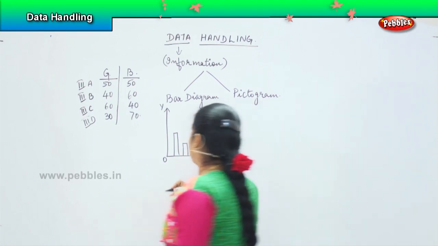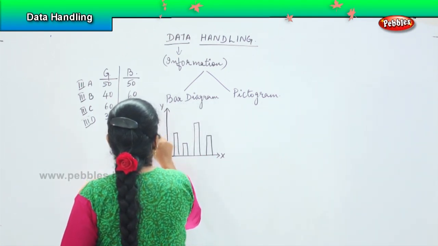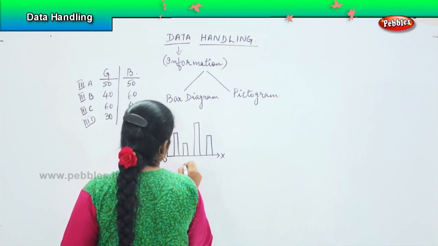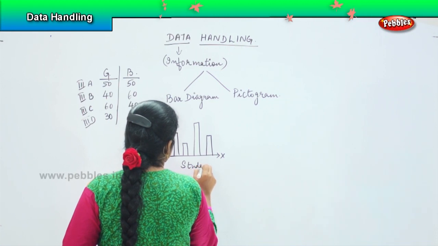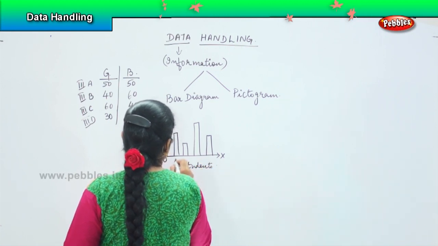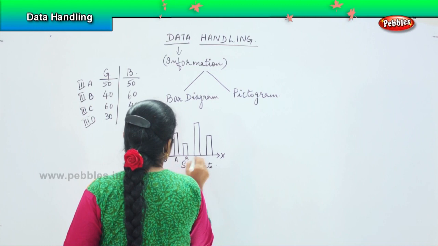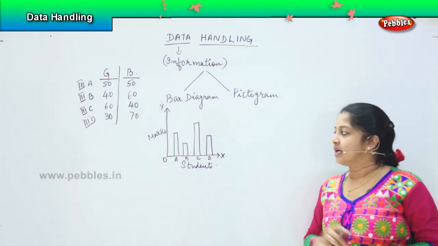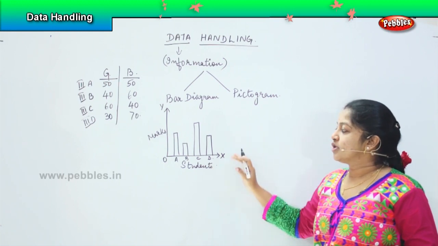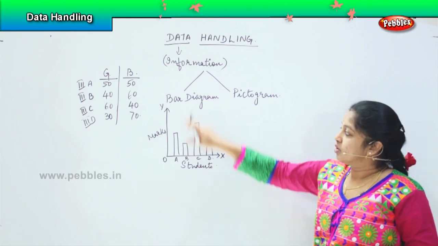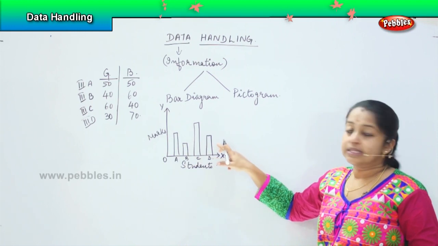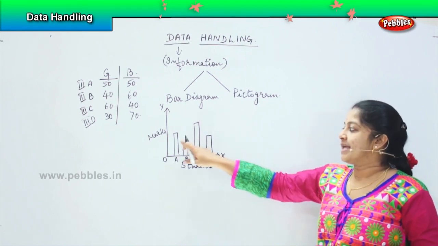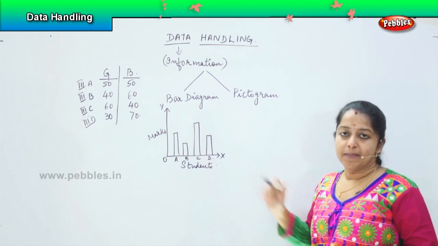So say for example, if here I take marks, and here I take students, and 3A, 3B, 3C and 3D. So now this is generally the marks which the students of third standard have scored. When it is represented in this bar form, where you have various lengths of bars, this is called my bar diagram.